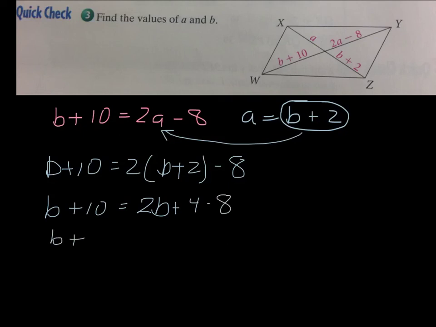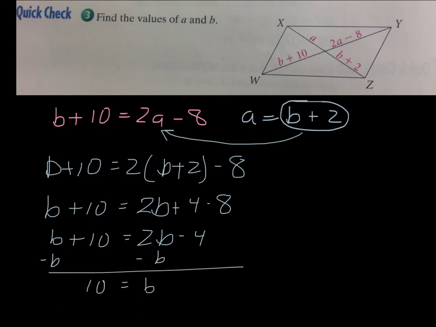Then you're going to get b plus 10 equals 2b minus 4. Subtract the b from both sides, so you get 10 equals b minus 4. Add 4 to both sides and you get b equals 14. And if b equals 14, then a must equal 16.